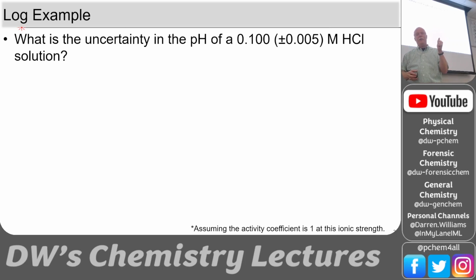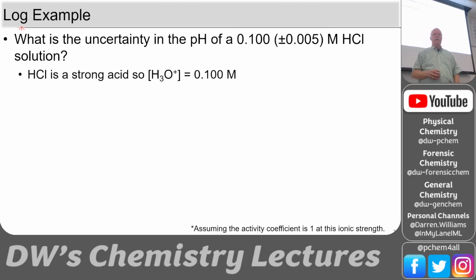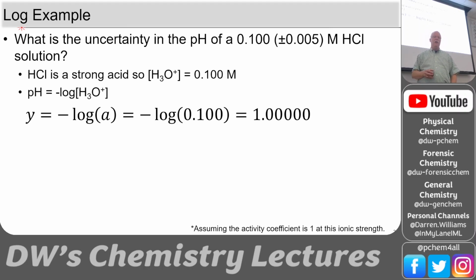Here's a log example. We might use a pH pen, and we make a solution of 0.1 molar HCl. We do it pretty well. We have a 5% uncertainty in that. So here's our calculation. We measure the log as 1: 0.1 molar acid, you take the minus log of that, you get 1.